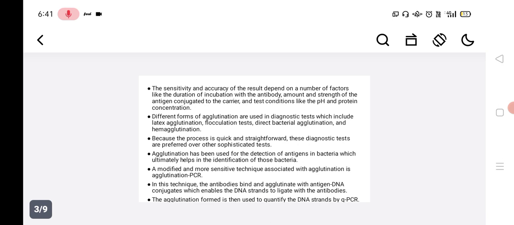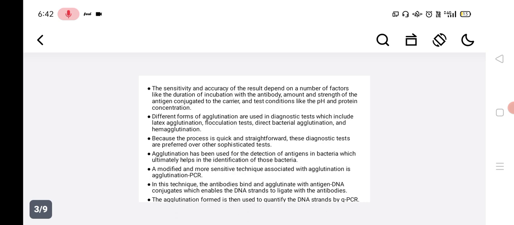Different forms of agglutination are used in diagnostic tests, which include latex agglutination, flocculation test, direct bacterial agglutination, and hemagglutination. Because the process is quick and straightforward, these diagnostic tests are preferred over other sophisticated tests.